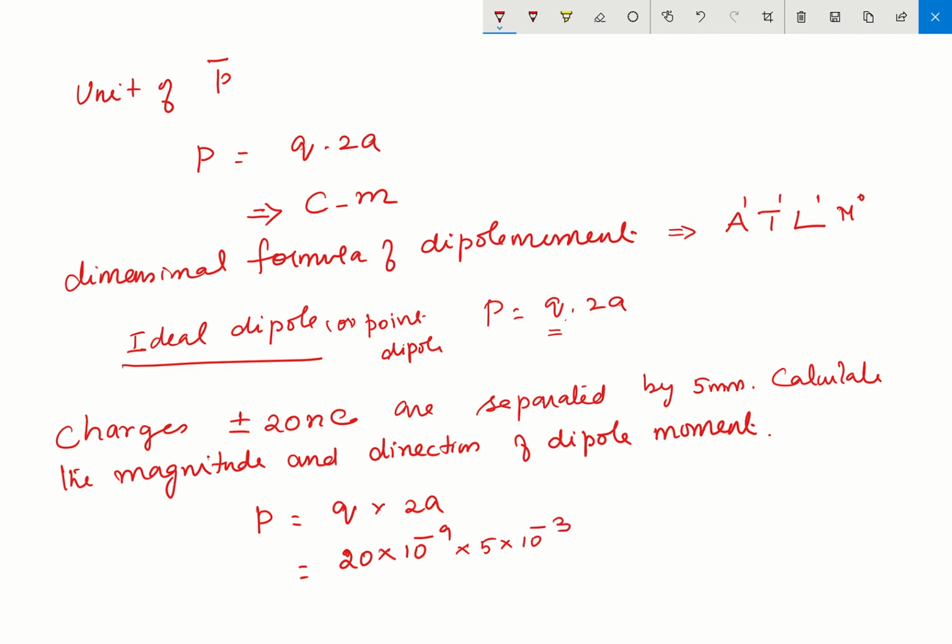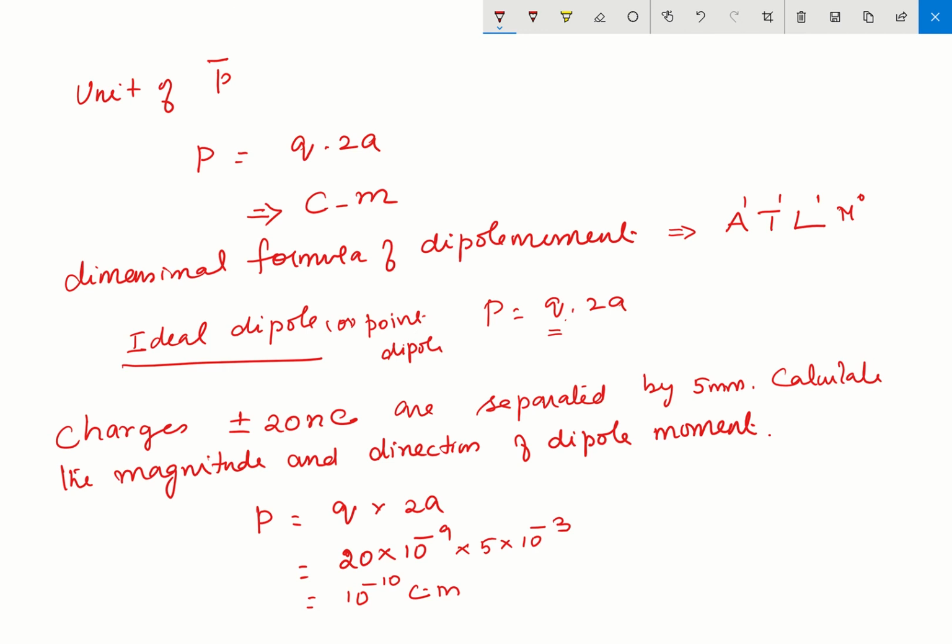Therefore 20 into 5 gives 10 power minus 10 coulomb meter. This is the magnitude.